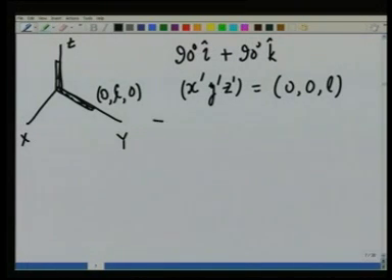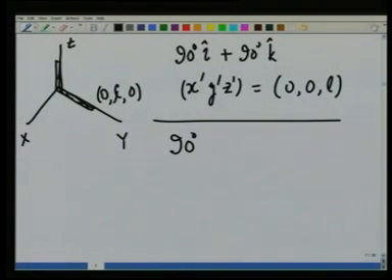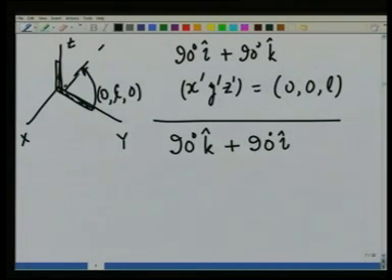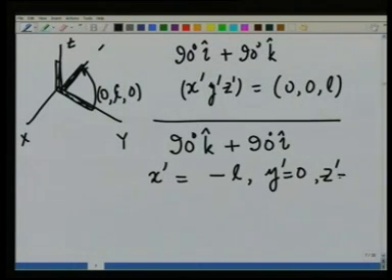Let us now do first 90 degrees about the z axis and then 90 degrees about the x axis. When I rotate it 90 degrees about the z axis counterclockwise, it will go this way, so that its end would have coordinate x prime is equal to minus L, y prime is equal to 0 and z prime equal to 0.